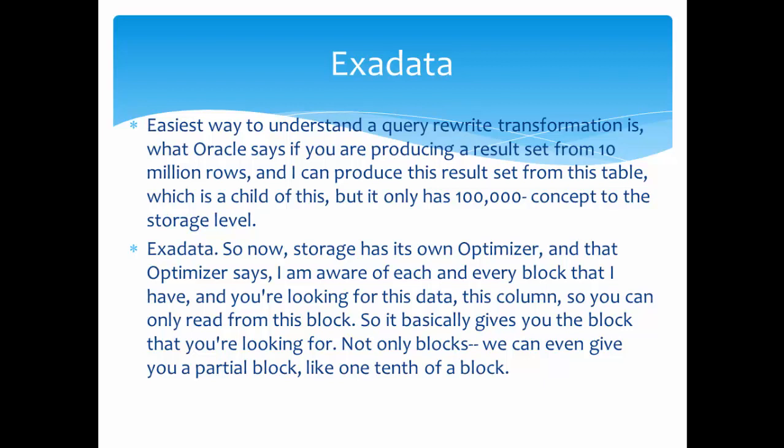Storage has its own optimizer, and that optimizer says I'm aware of each and every block that I have, and you're looking for this data, this column, so you only need to read from this block. So it basically gives you the block that you're looking for. Not only blocks, we can even give you a partial block, like 1/10 of a block. It's pretty neat.